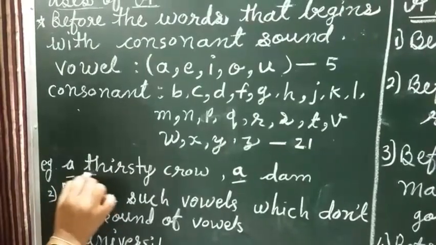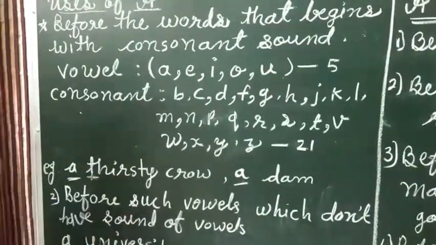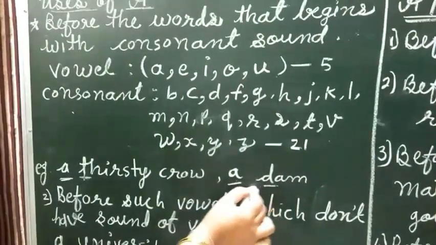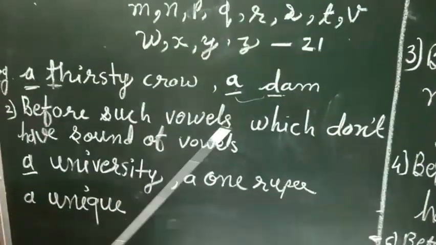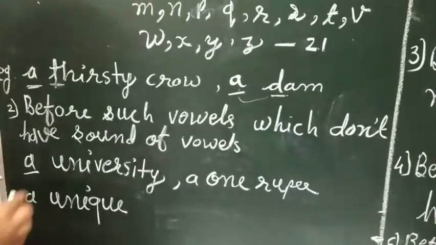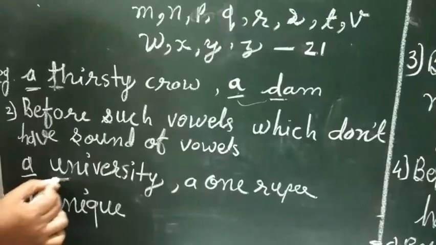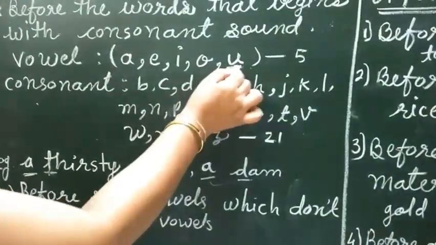Here you can see thirsty, a is used because of this letter. A dam, so we use a. Second rule: before such vowels which don't have the sound of a vowel. A university. It starts with U, and U is a vowel, as you can find here.